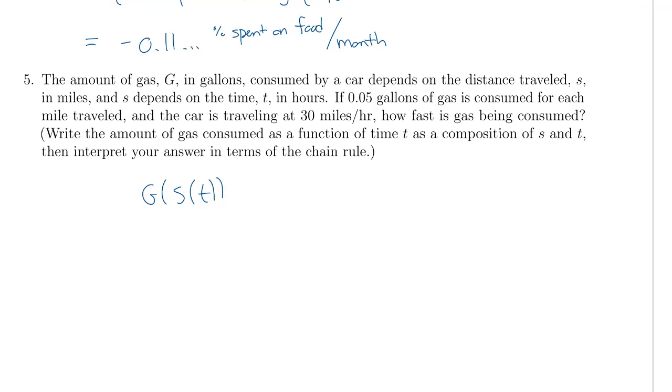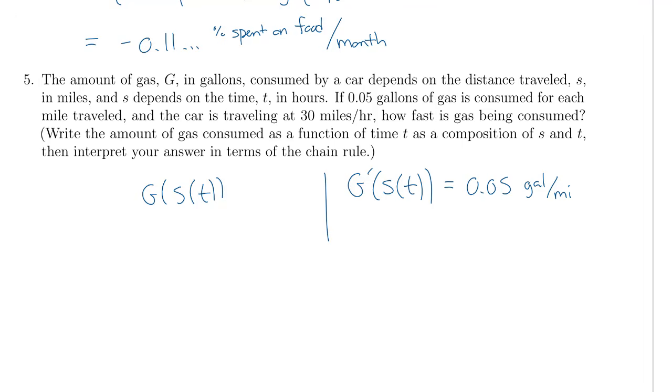So now we can mathematize the given statement. So we're told that 0.05 gallons of gas are consumed for each mile. So that would be telling us that g prime of s for all time is constant, and it's 0.05 gallons per mile. We're also told that the change in position is 30 miles per hour.